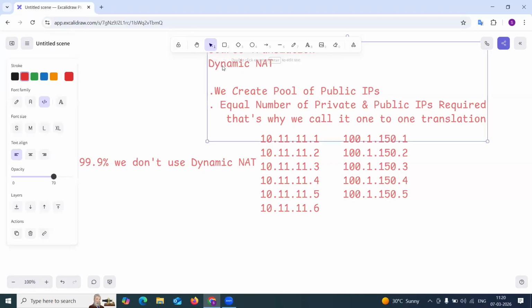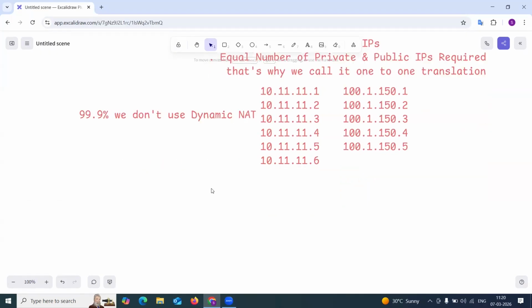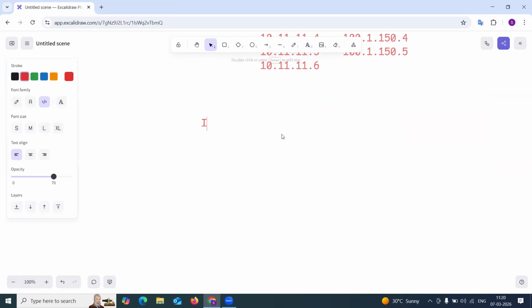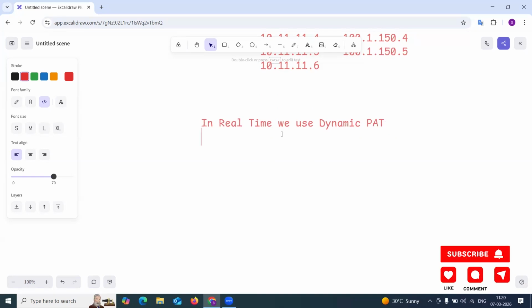Whereas in real time, we use dynamic PAT. So in a PAT, what happens?